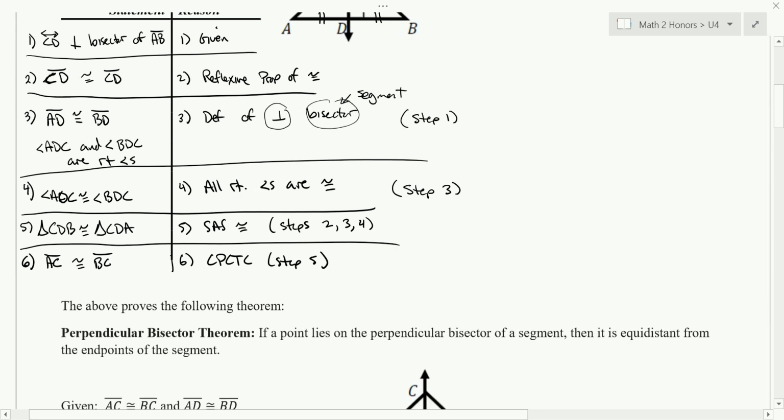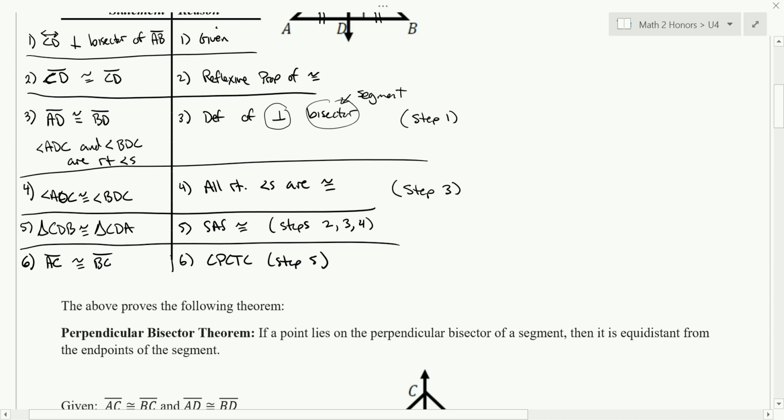If you're not able to prove something yet, or you're just thinking about it, that's not a theorem. But once you're able to prove it, then you can go to that theorem status. And so here's what the theorem says. If a point lies on the perpendicular bisector of a segment, then it's equidistant from the endpoints of the segment. And that's what we proved, but it's worded a little differently.